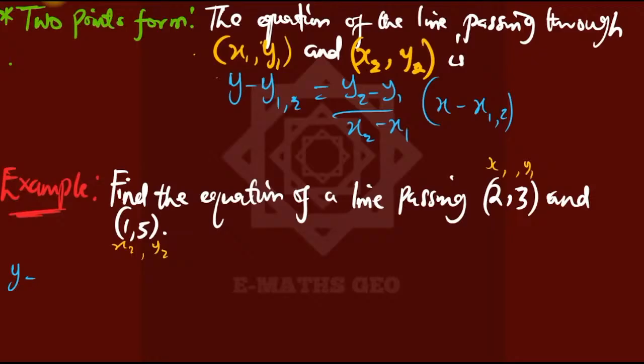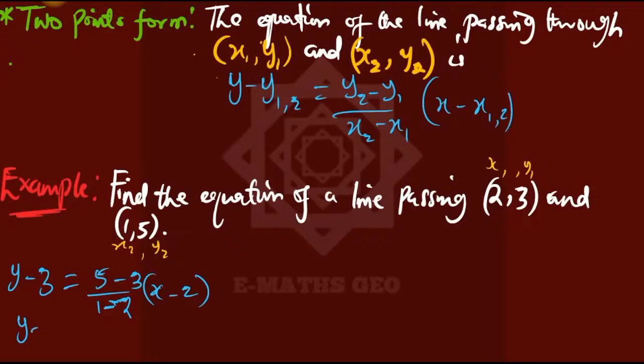So this is y minus 3, and the slope is 5 minus 3 over 1 minus 2, times x minus 2.